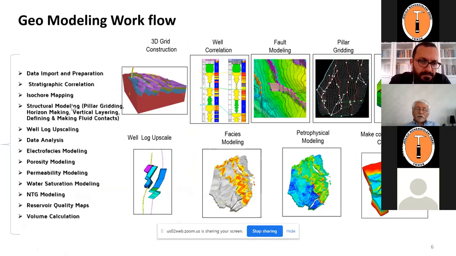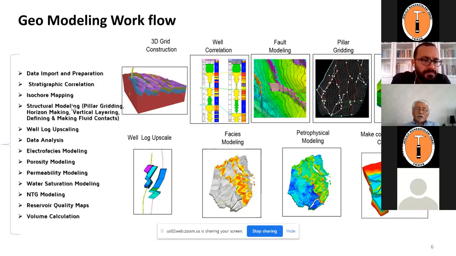After that, we can upscale well logs, I mean petrophysical result logs, in the grids, and using the rules of geostatistics via data analysis in order to propagate the facies and also petrophysical data across the field.